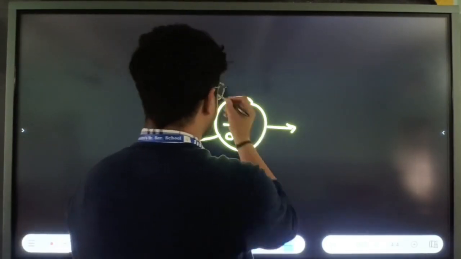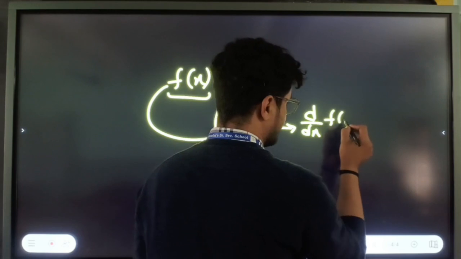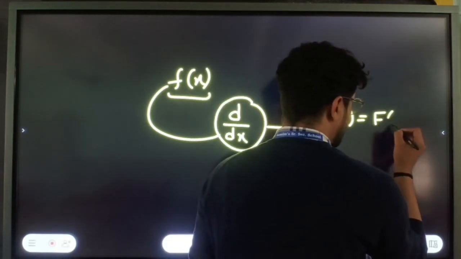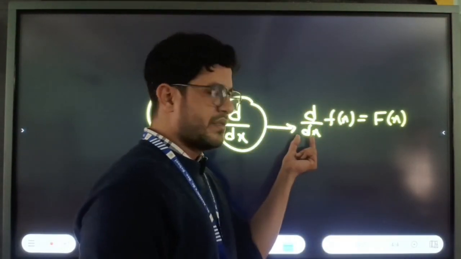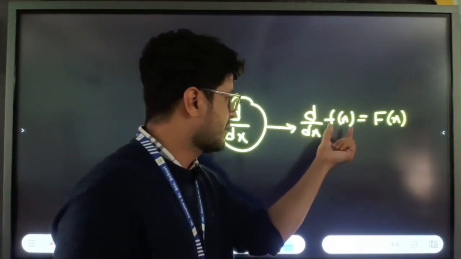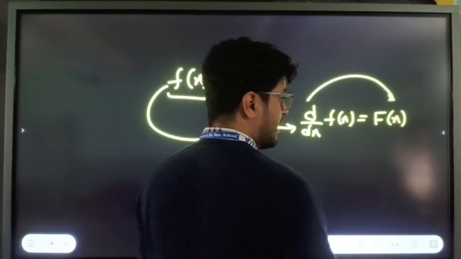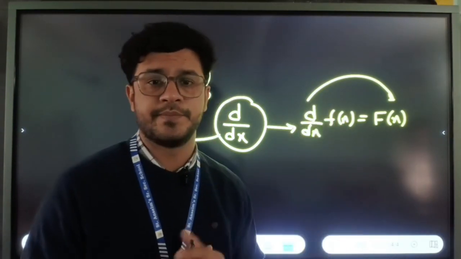If we apply d by dx on this function, then we get another function, suppose that is capital F of x. So d by dx is known as the differential operator. The given function was f(x) and the resultant function is capital F of x. It is known as the derivative of that particular function.